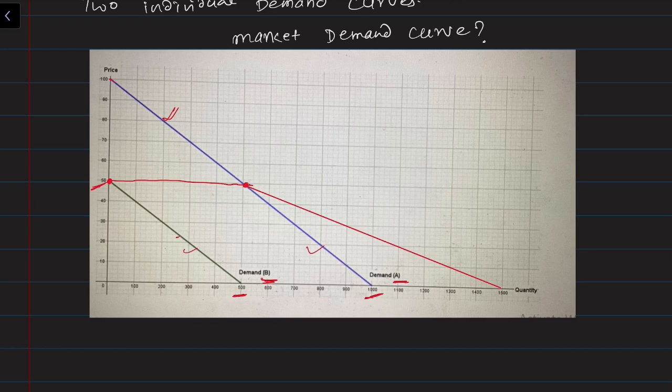So our market demand curve is this red line, the entire red line all the way from here to this point. This is our market demand curve.